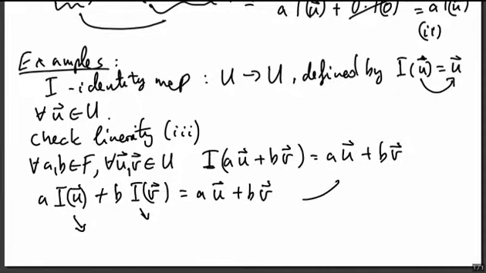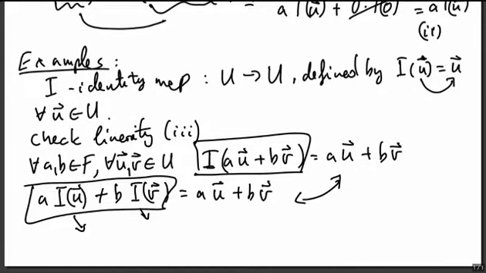And then you just compare the two parts and you get that this is exactly the third property, because it says that you can separate the application of this identity map. Term by term can be applied, and you can factor out the scalar.